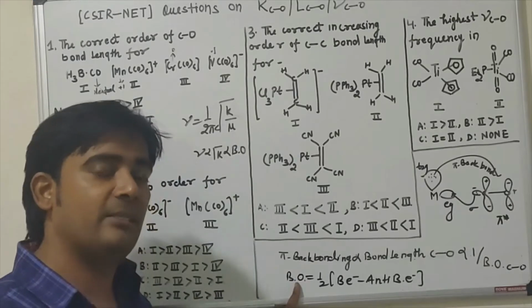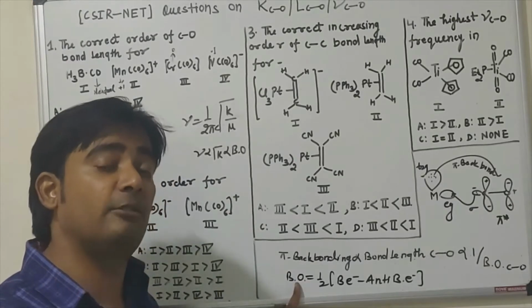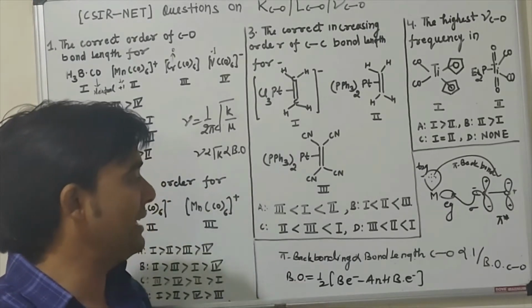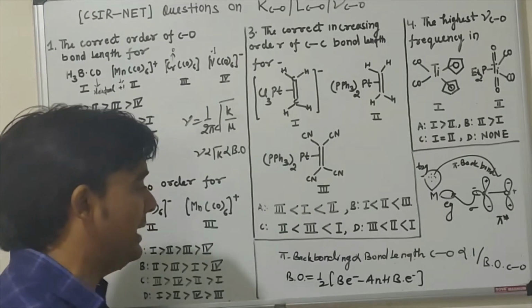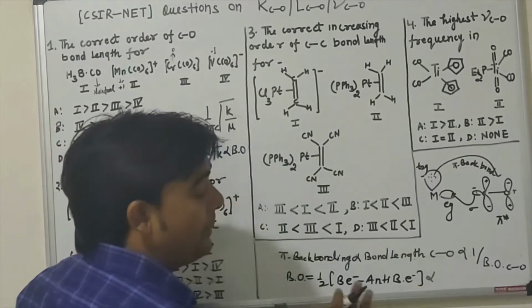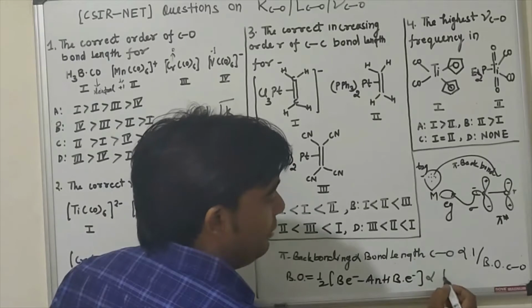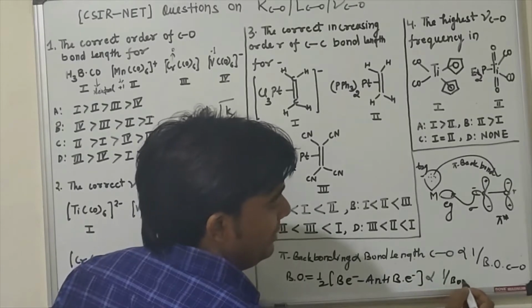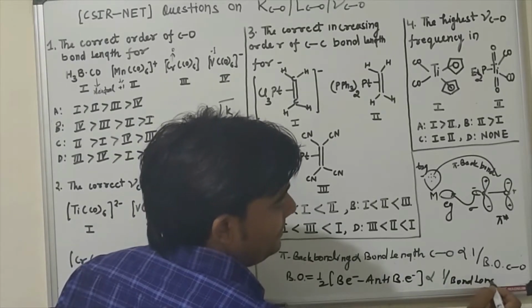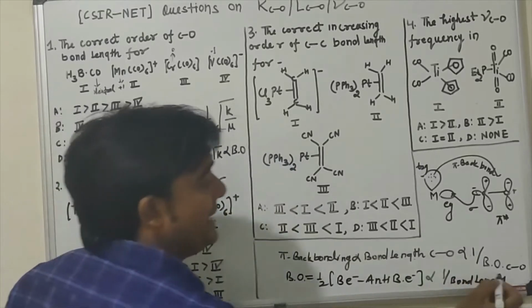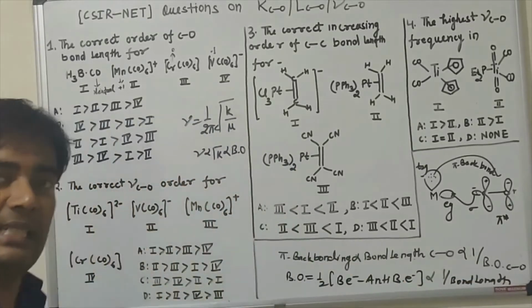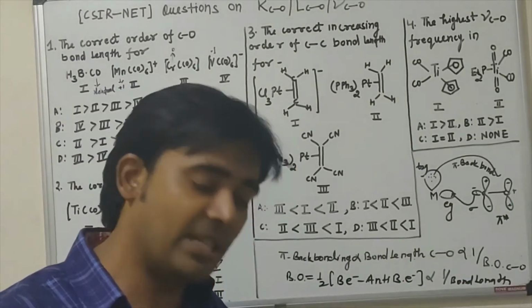If bond order decreases, then bond length will increase. What is the relation between bond order and bond length? It is inversely proportional, that means bond order is proportional to 1 upon bond length. So if bond order decreases, then bond length increases. This is our concluding concept.